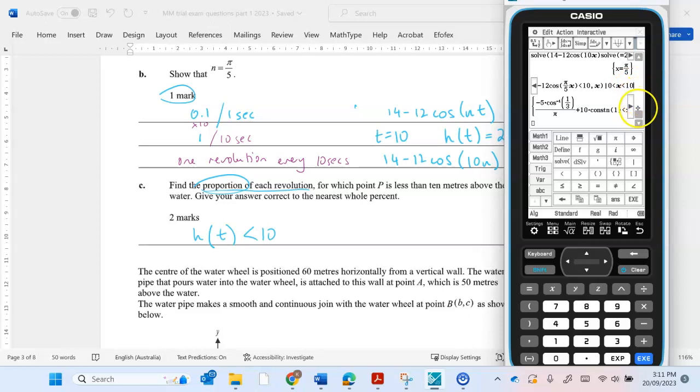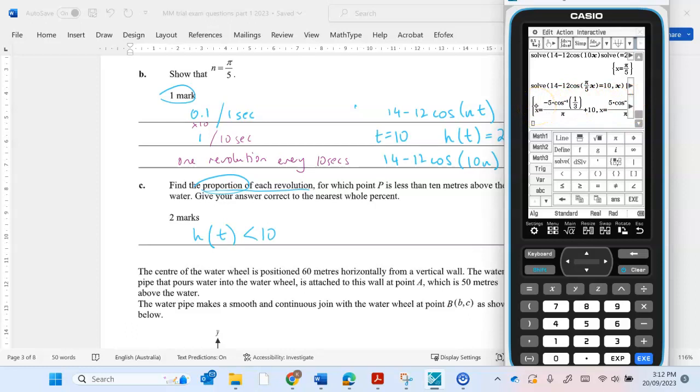I'm guessing it was giving me a general solution because we have different points where it crosses. So then I've just made it equal 10.